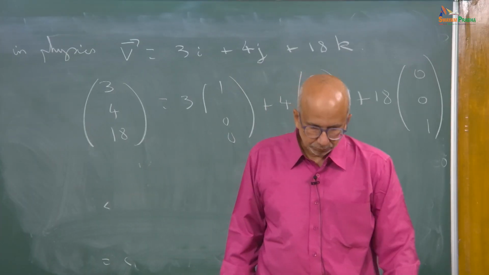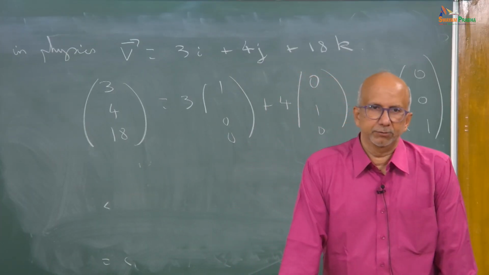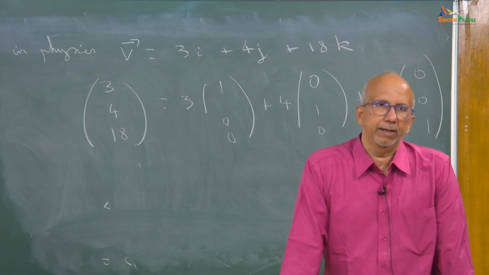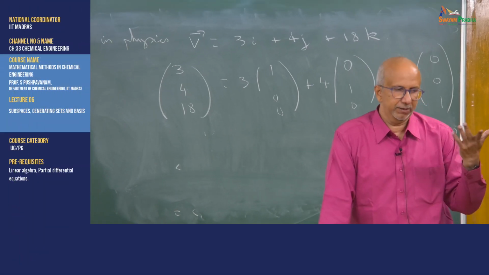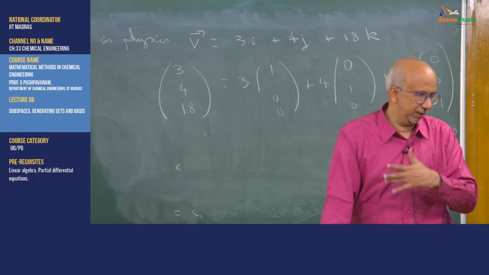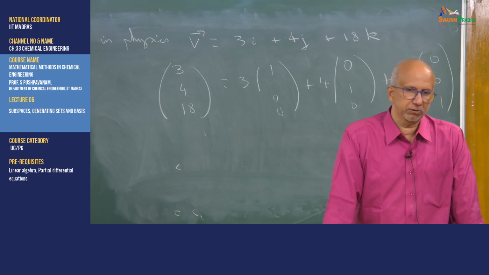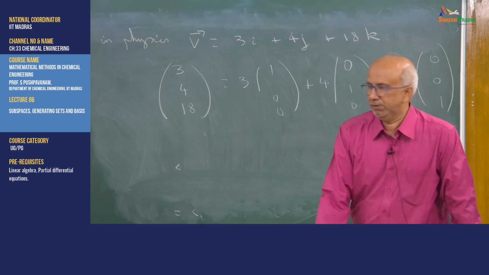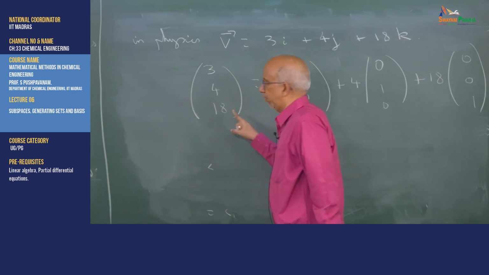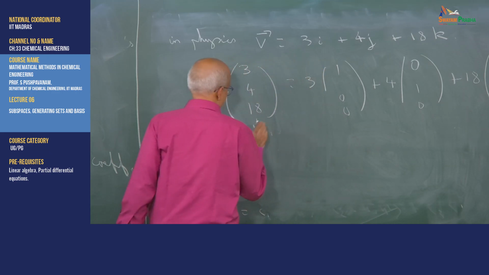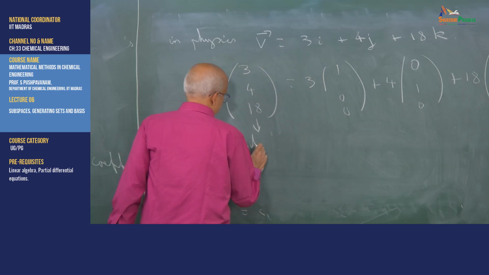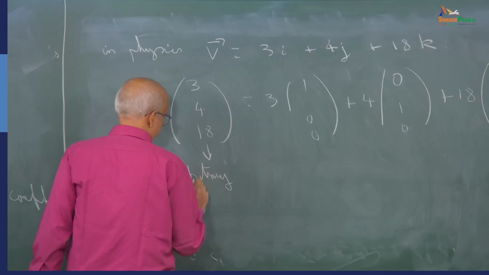So, whatever you have done so far, writing an arbitrary vector in terms of i, j, k, in my mathematical language, not the geometric but the algebraic representation, is (3, 4, 18). So, this is my arbitrary vector.